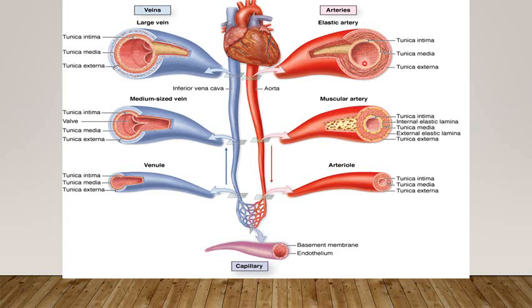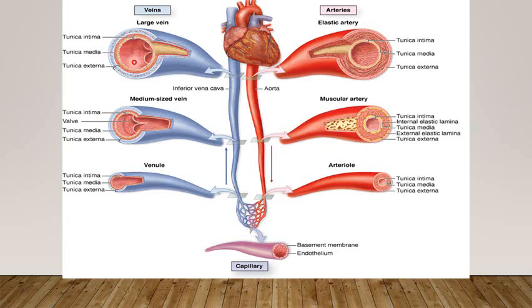Here I would also like to mention that if you see the lumen of an artery, it is very regular, circular in shape, and a bit smaller as compared to the lumen of a vein, which is mostly irregular, as well as wider.